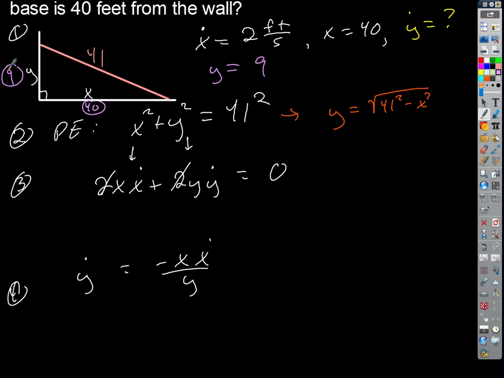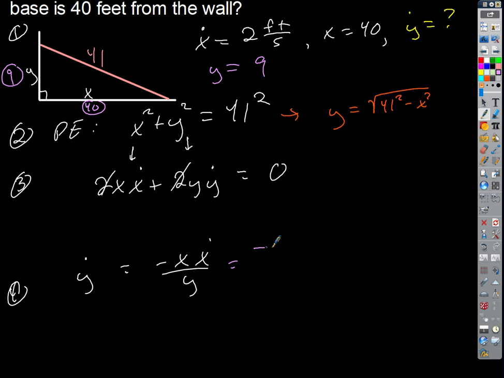They're not constants. I would circle them so I know that they're values of a variable instead of just numbers that were in the original drawing. So the square root of 41 squared minus 40 squared is 9. So we can add that value, and then it's just a matter of plug and chug.